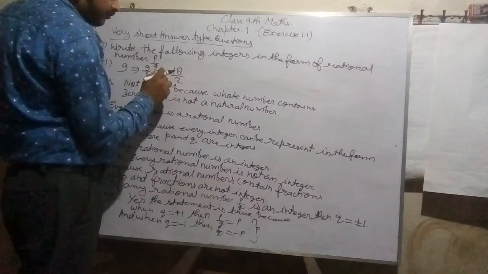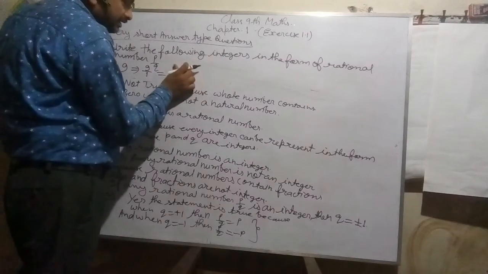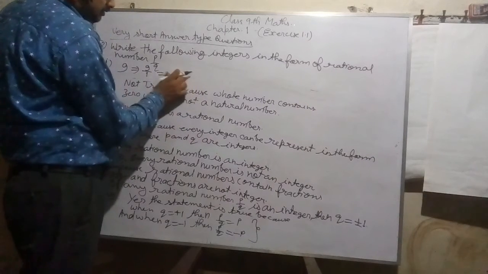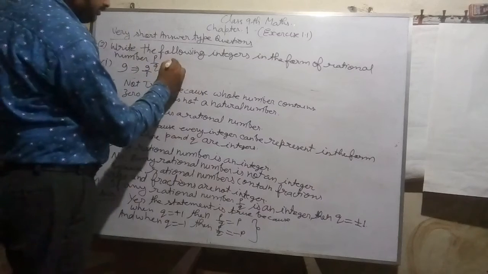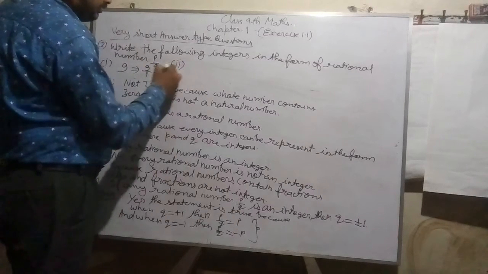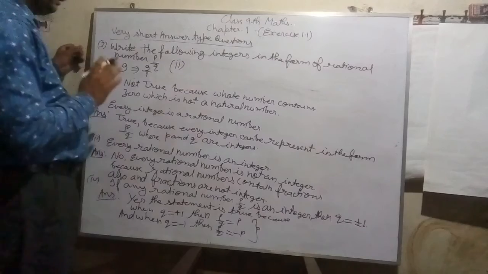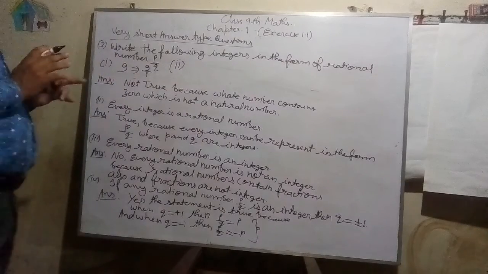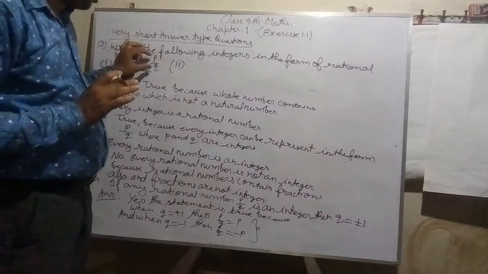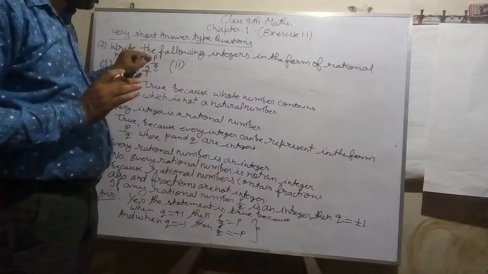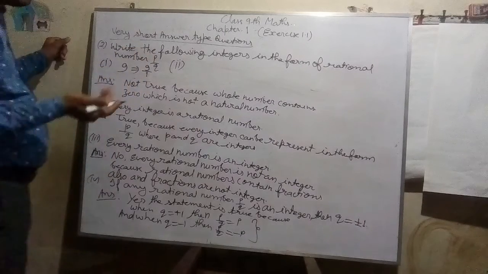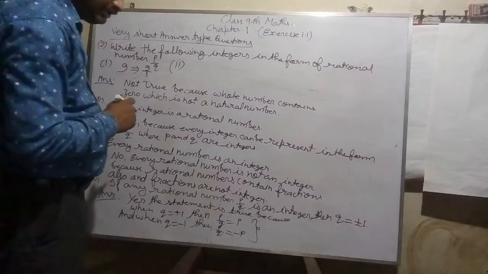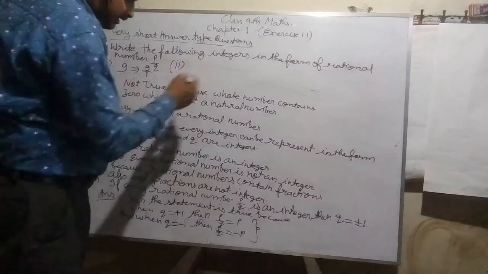But for a rational number, there is another condition that p and q have a common factor 1 only. 1 के अलावा कोई और दूसरा कॉमन फैक्टर नहीं हो सकता है, तो उसको हम सिंपलेस्ट फॉर्म में लिख करके ही रखेंगे.